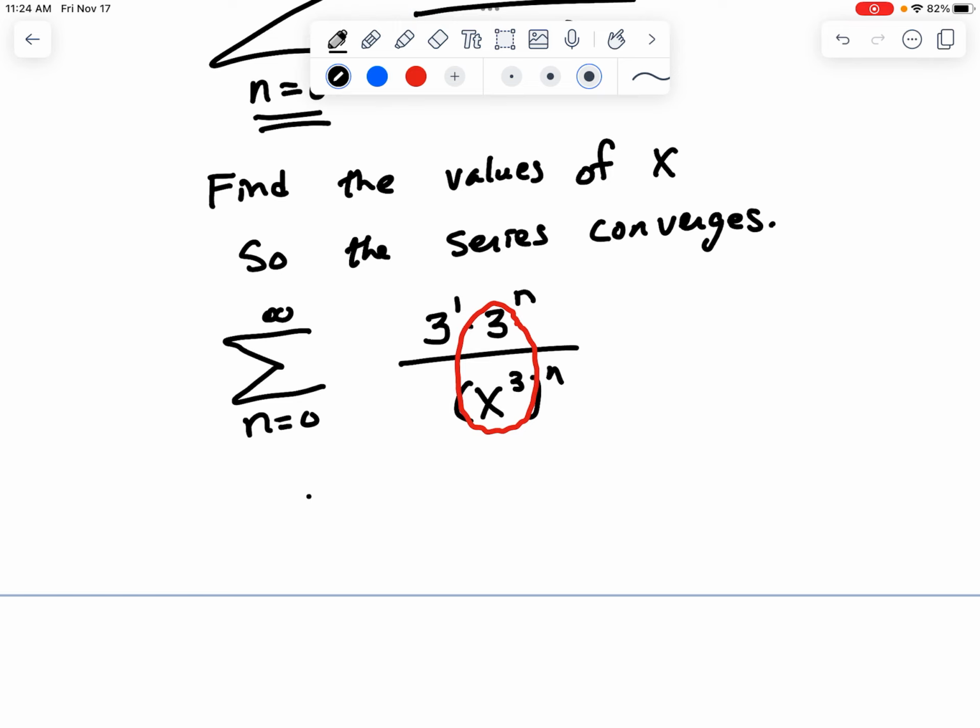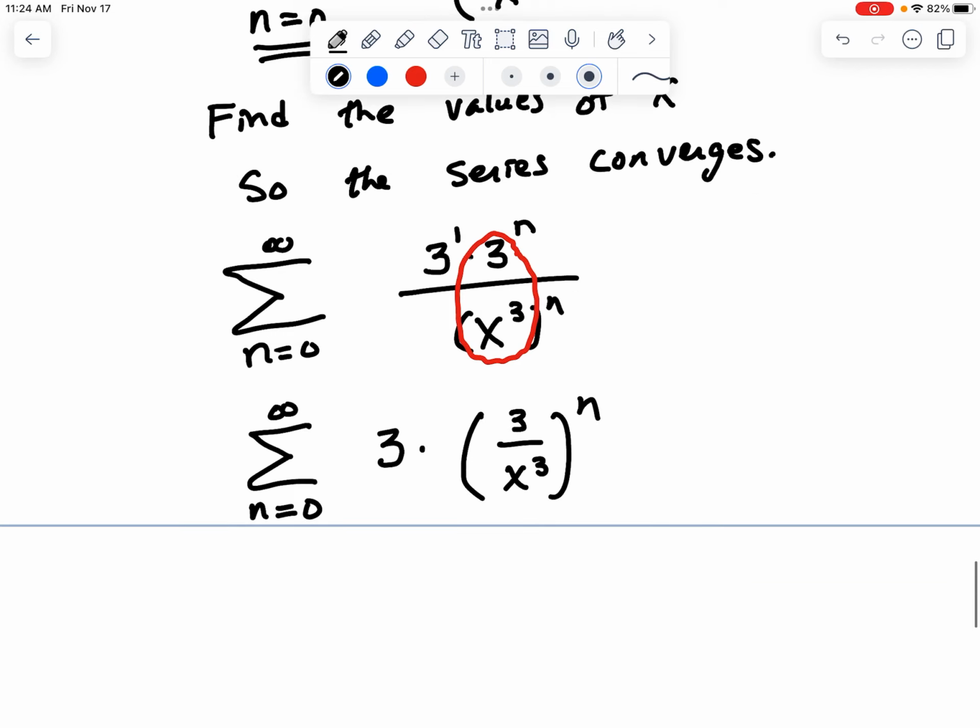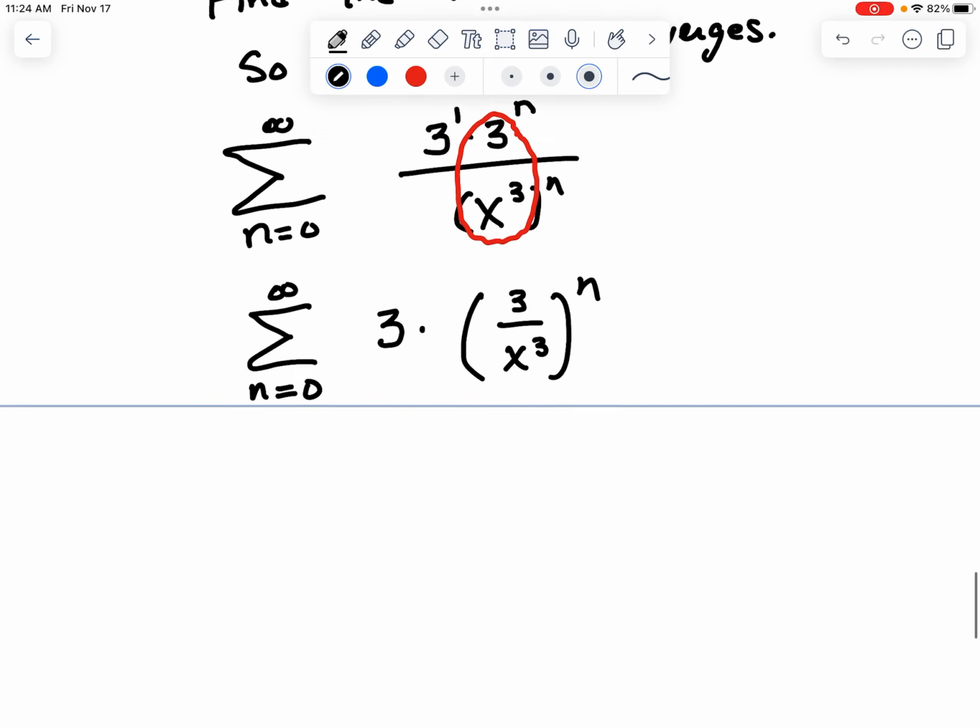So this one has the sum. And then the 3, you could just put it in front and then write 3 over x cubed, and both of those were to the n. And it didn't say find what the series equals. It's just saying what are the values of x so that it converges.